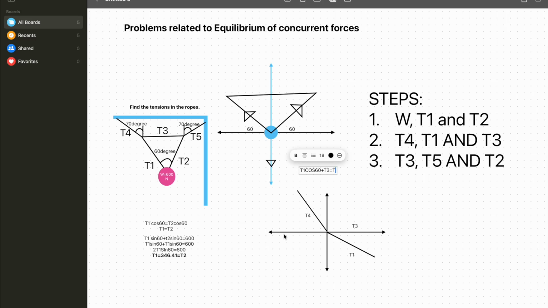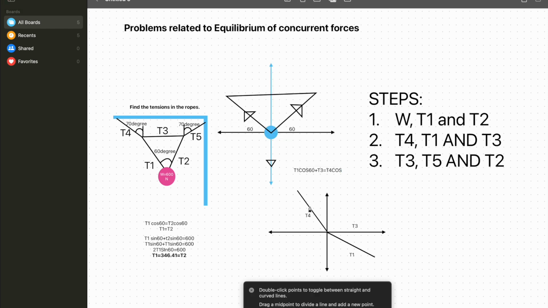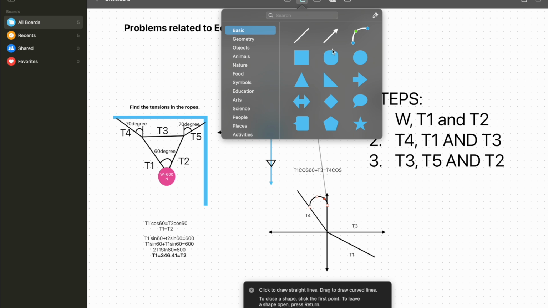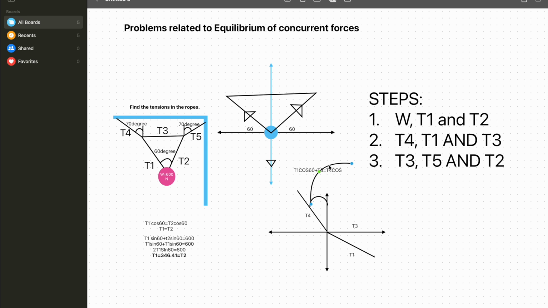So T4 cosine, now this angle right here is 20 degrees. How were we able to figure that out? Actually, this is 70 degrees, right? This is 70 degrees with no doubt, right? This is 20 degrees.